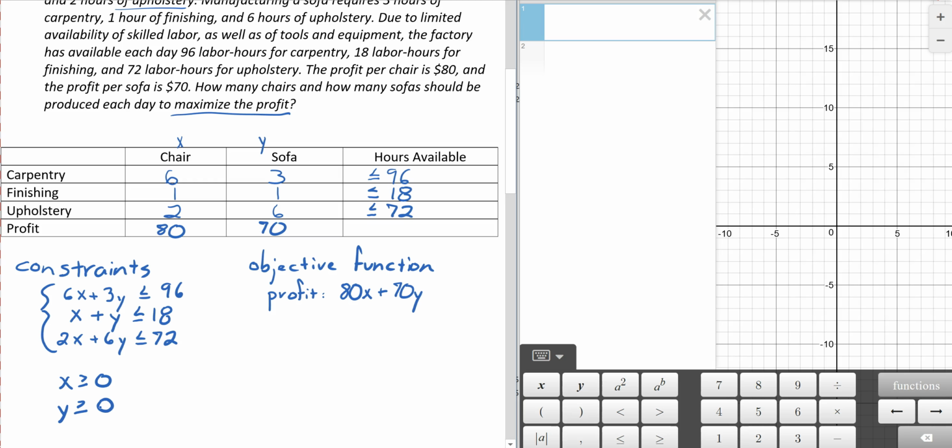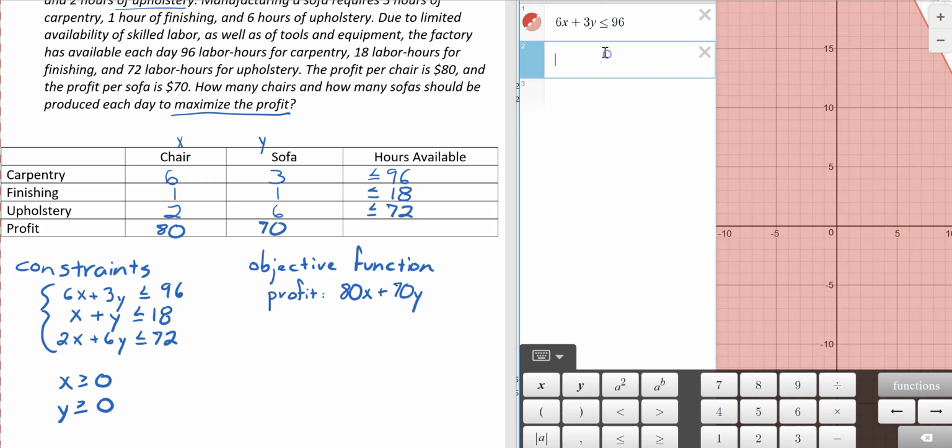Once we have the constraints, objective function, and reality placed in, I usually graph these. And graphing works best with technology. We used to have to do these by hand, but now that technology is such an easy resource, we have lots of options. Technology makes graphing the constraints much easier. 6x plus 3y is less than or equal to 96 is our first constraint.